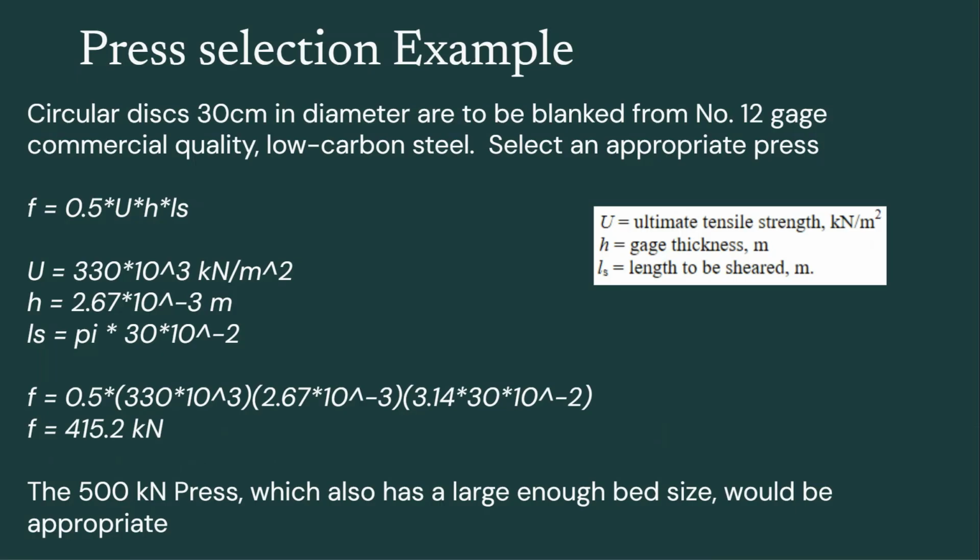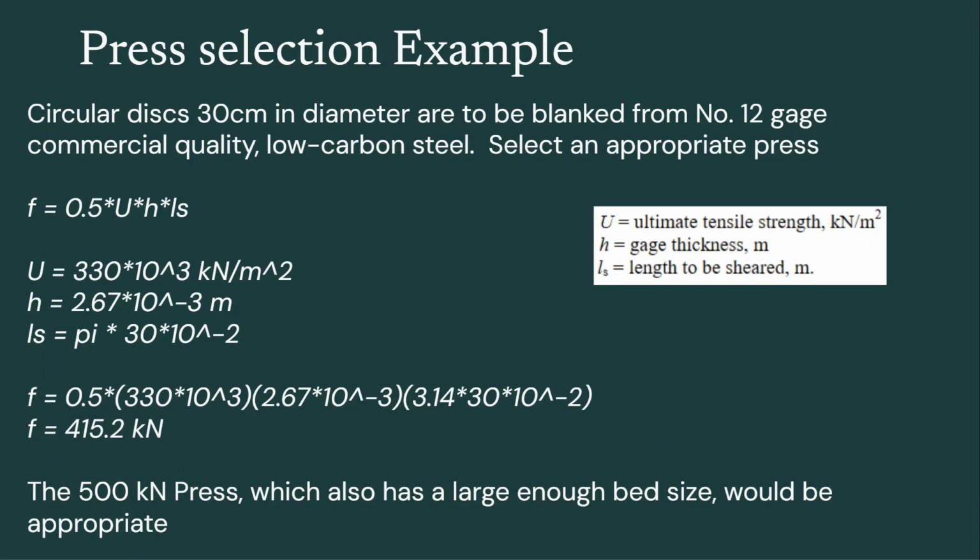And lastly, the length of the shear, it's just a circle, so we use the formula for the circumference of a circle, pi times diameter, in which case the diameter is 3 times 10 to the negative 2 meters. Multiplying these things together, we get a force of 415.2 kilonewtons.